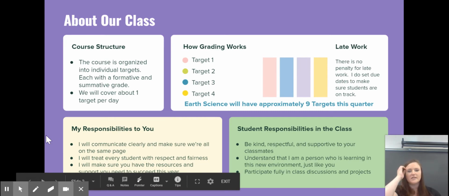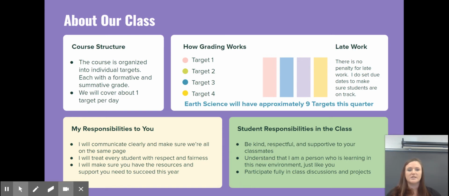This course is organized into individual targets. These are small individual topics or sections of what used to be a traditional unit test. For each target, we will cover one summative and one formative grade in the gradebook. And I tend to cover about one target per day.